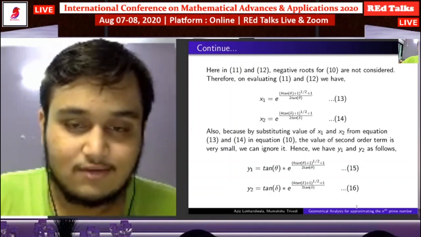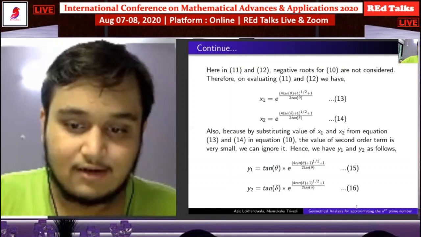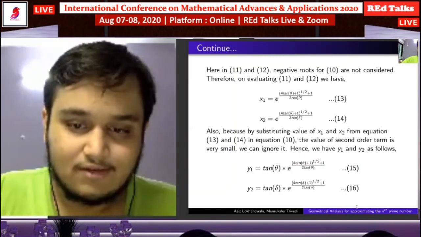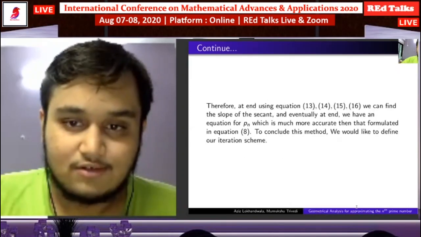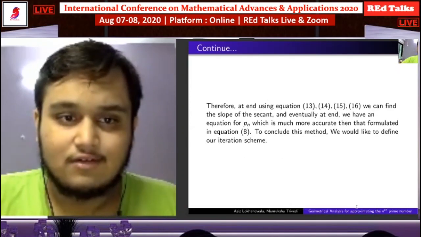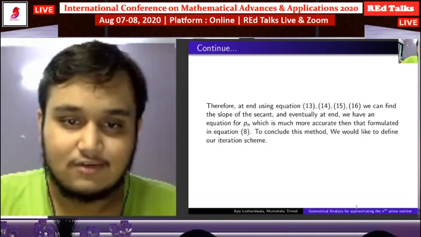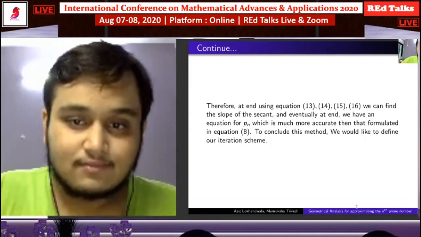Again, that slope will be negative. To make it positive, we will do y2 minus y1 upon x1 minus x2. Also, it will not make any changes in the further calculations.